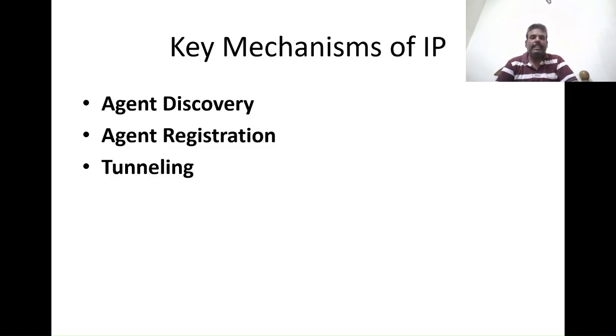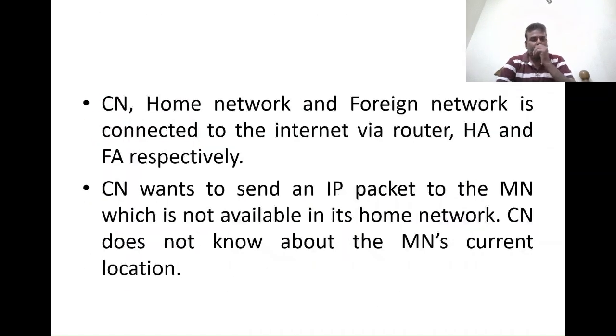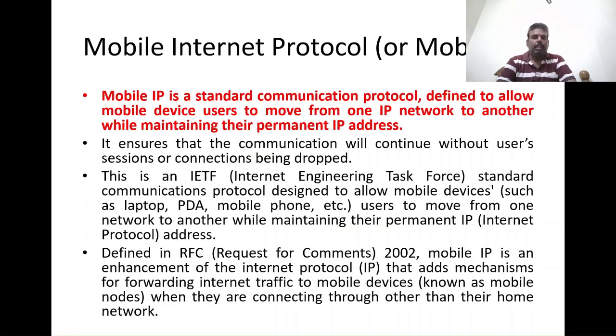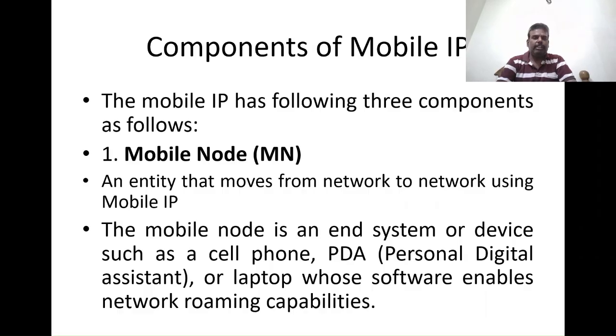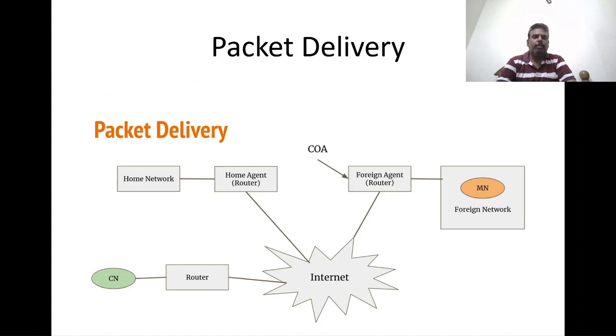To understand key mechanisms, we first have to understand the topic of packet delivery: the components of mobile IP and how the packet is delivered from one network to another network. Here we have one main process, that is the tunneling process, and how it is done in mobile IP. That we are going to discuss in key mechanisms.